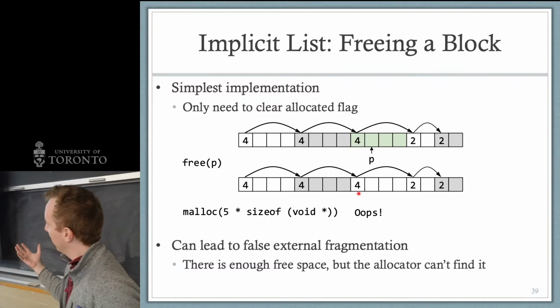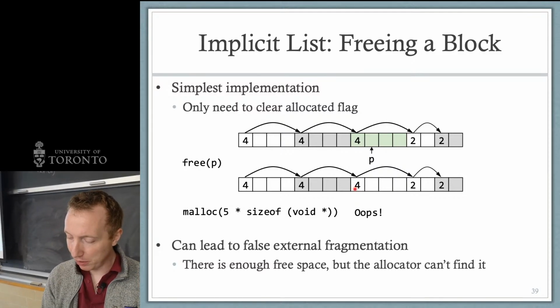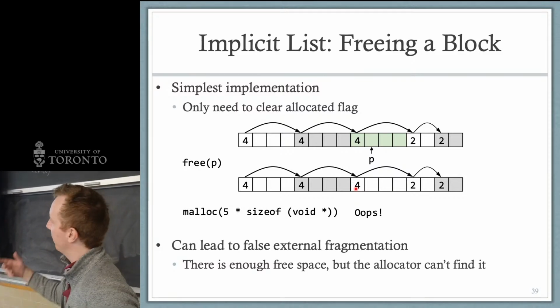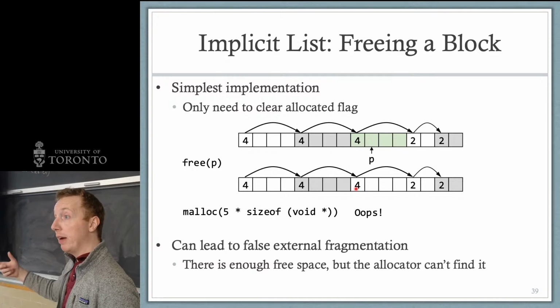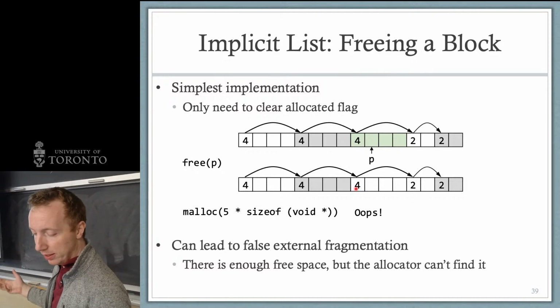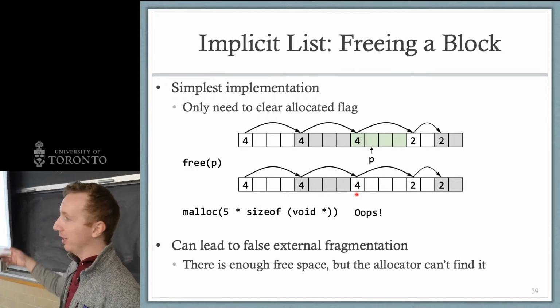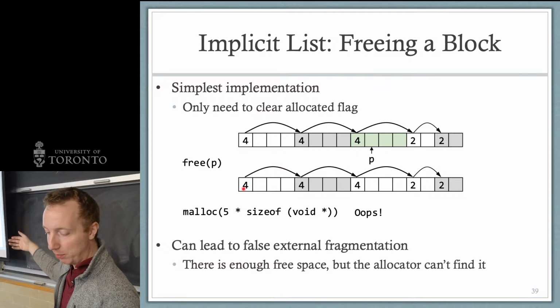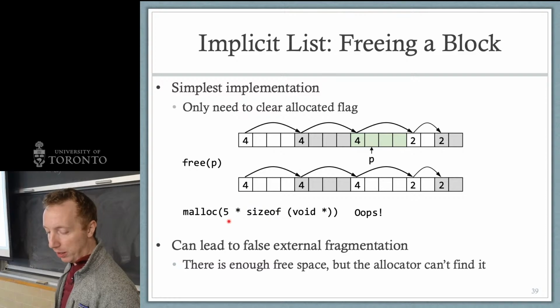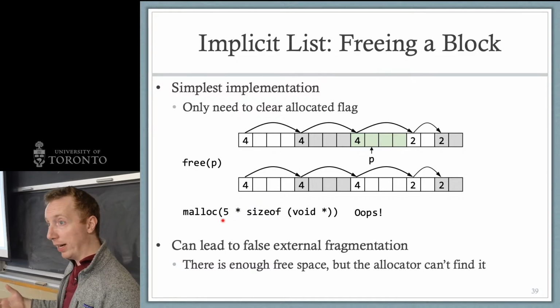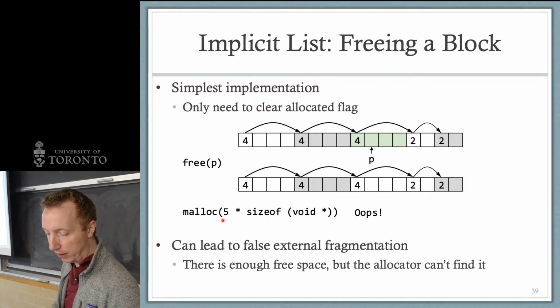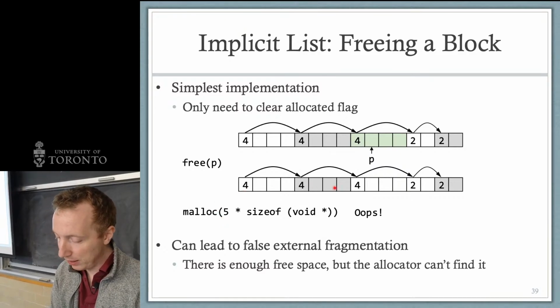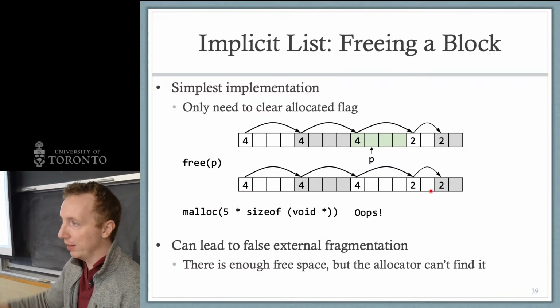So if we did this, it works, but we could be a bit smarter about this, because now if someone asks for a 5-block allocation, now we can't fulfill it even though there are 6 blocks in a row there, because the naive algorithm would just search, oh, well, if they request 5, I actually need 6, 1 for the size, 5 for this. So can't fit it here, can't fit it here, can't fit it here.